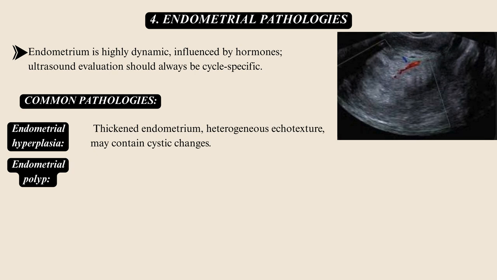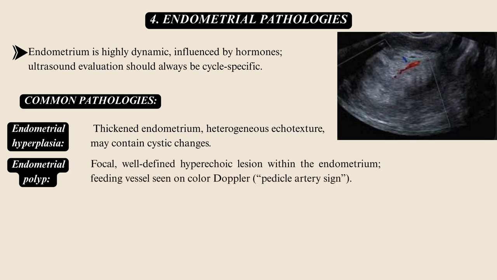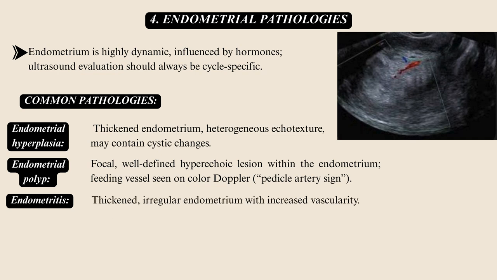Endometrial polyp, focal, well-defined hyperechoic lesion within the endometrium. Feeding vessels seen on color Doppler, pedicle artery sign. Then is endometritis, thickened irregular endometrium with increased vascularity.